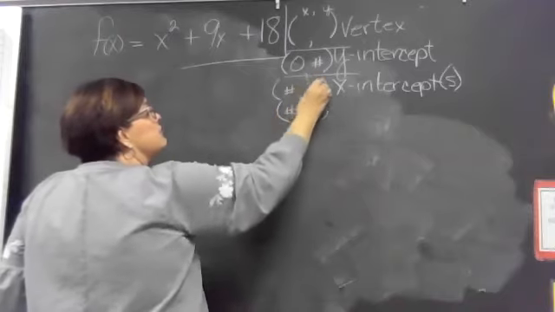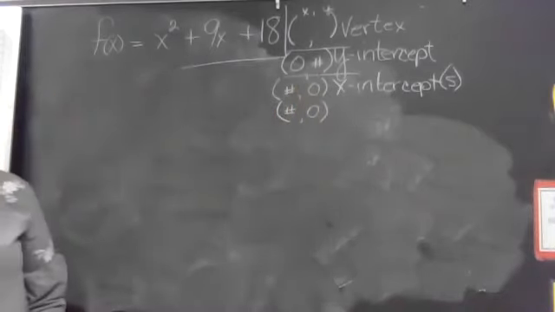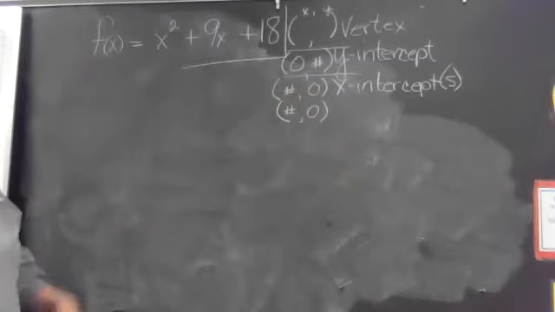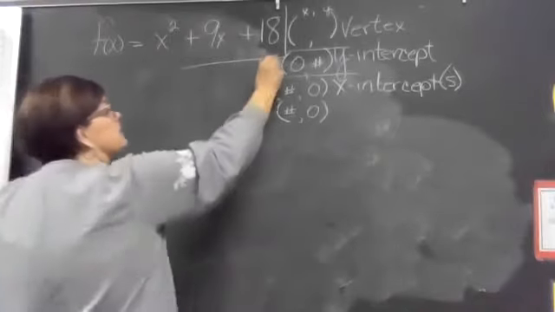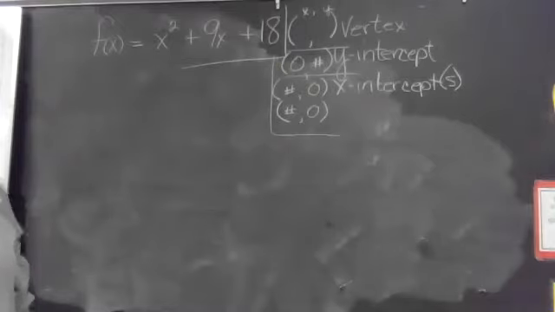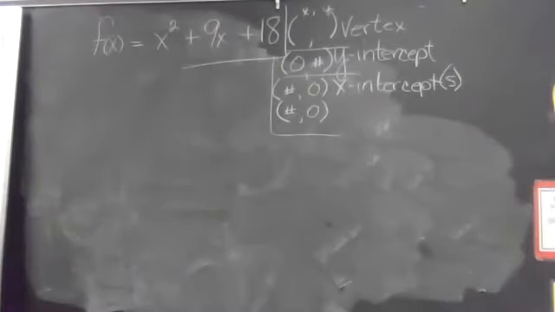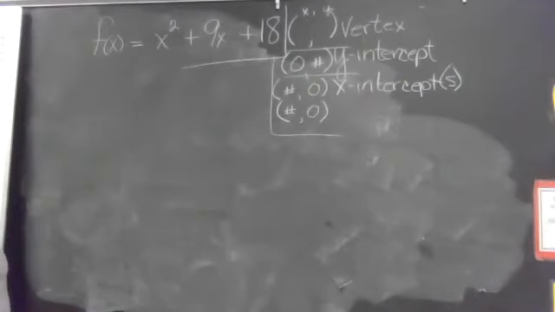So that means that the y is going to be a 0. This is important to write down first because it keeps you from skipping steps or forgetting to do something. Okay, we're going to find the y. We're going to wait till the vertex to the end, only because we just did it. Okay, the y-intercept.